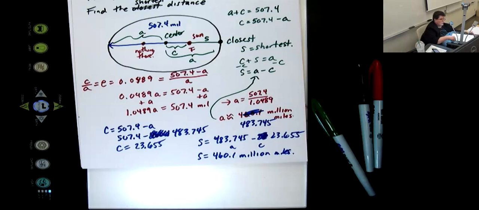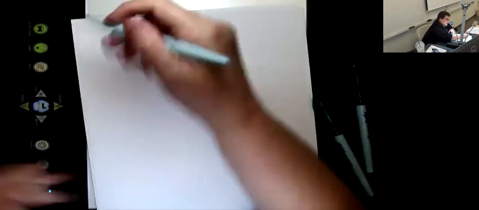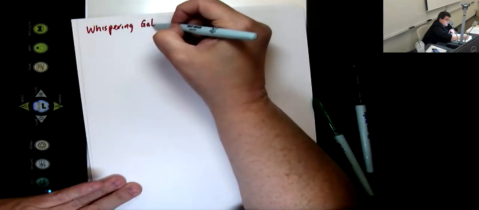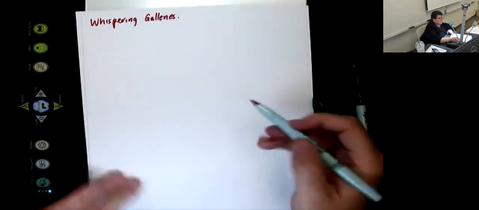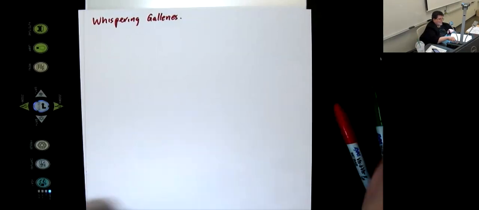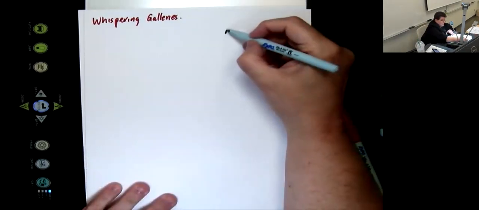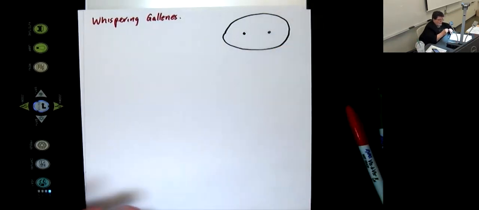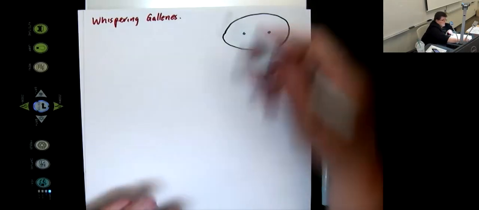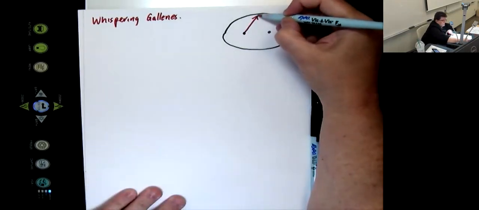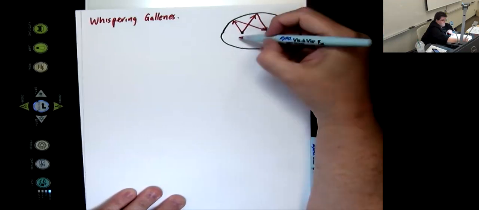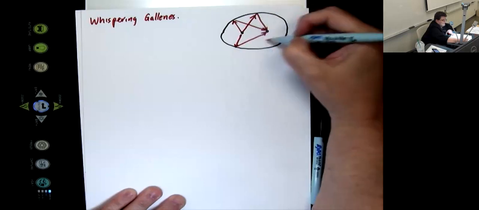Another one is something called, and you should look this up because this is really interesting, whispering galleries. The idea basically being, if you have two foci, any sound emitted from one hits the other foci.